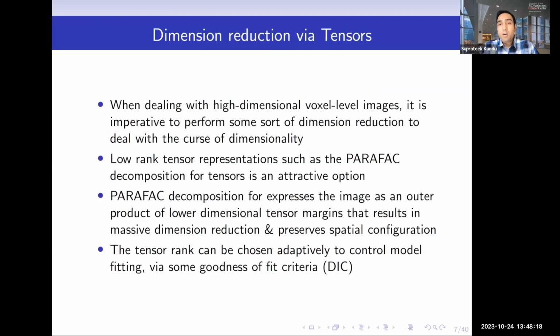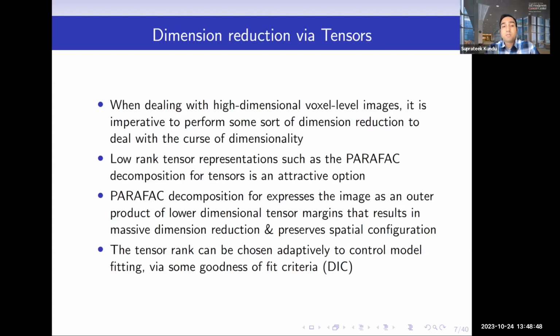So then obviously, it's imperative for us to do some kind of dimension reduction here. And that's a no-brainer. So we lean towards tensors, and I'll explain throughout the talk why we lean towards tensors. There are obviously other dimension reduction tools available. Well, we use tensors because they are able to preserve the spatial configuration, the spatial information in the voxels.